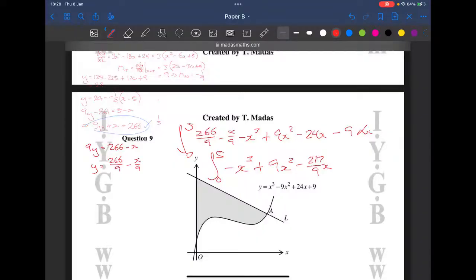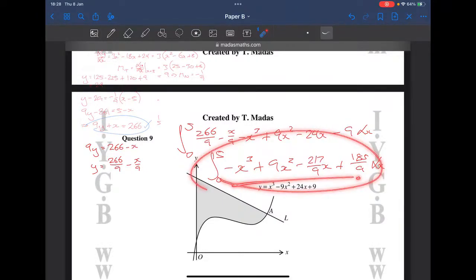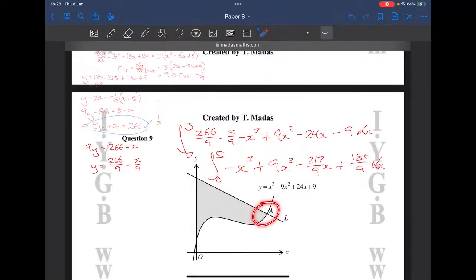And then let's take that 266 that we've got at the start, and our minus 9, combine them together. So 266 over 9, take away 9, gives us 185 over 9. Now we've collated all this, got it back into kind of cubic form. This refers to the difference between these two, so this should have a root at 5.